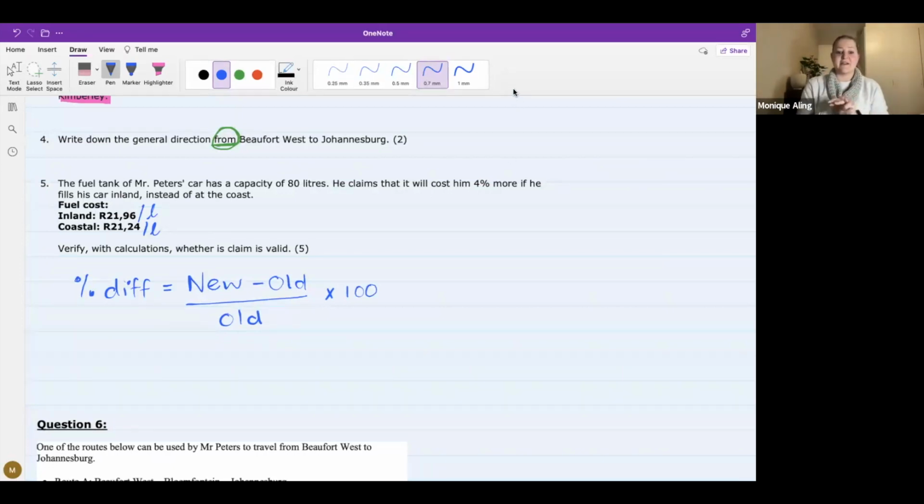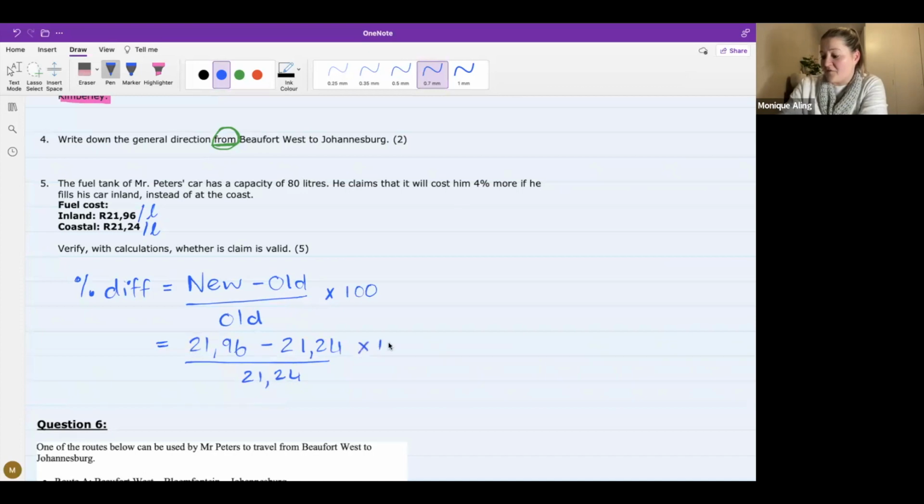Okay, so we take the higher price as our new price. So 21,96 minus the cheaper price, over the cheaper price. And we times by 100 because we want our answer to be in percentage form.